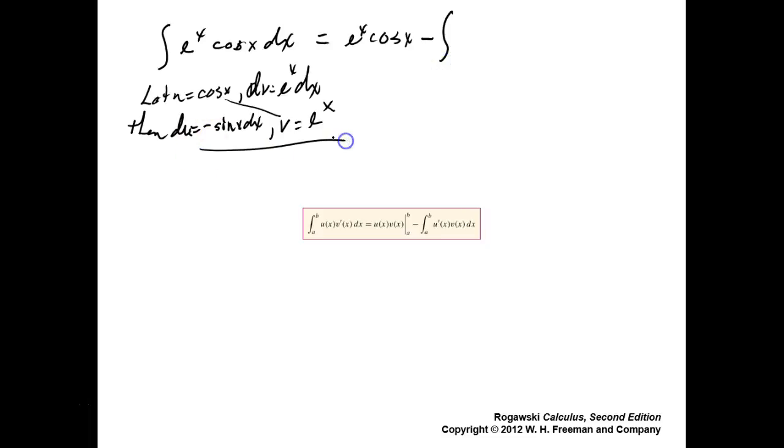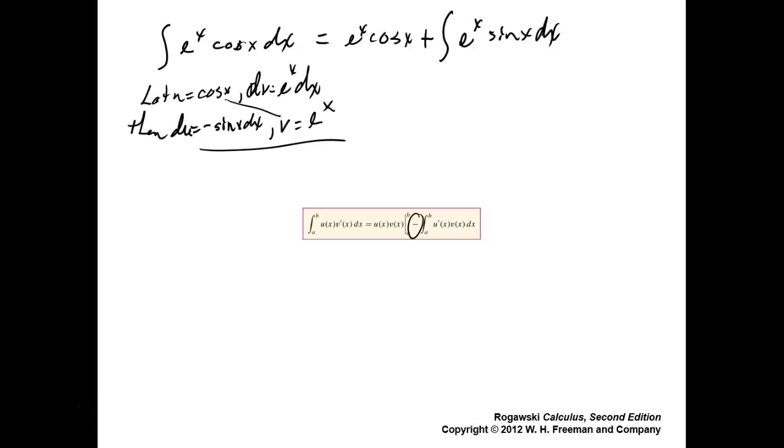Yeah, you do your bottom line. In fact, it actually is a plus, because here you have a minus and there you have a plus, but you had a minus because of the subtraction here, so that becomes a plus e to the x sine x dx. Okay?